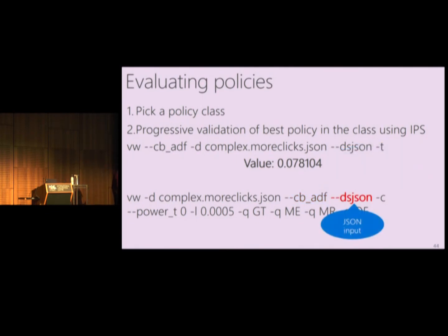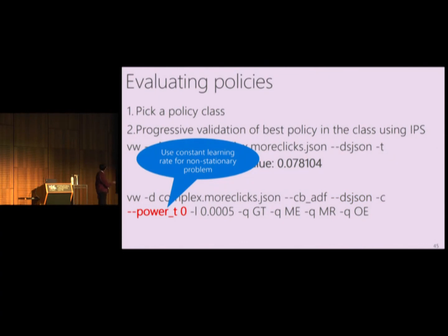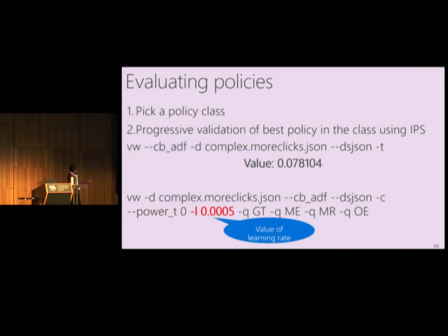This flag just says my data is in JSON format. This bit is interesting. Like I said, we worry about non-stationarity in the problems, and often that means we do not want to drive our step sizes in gradient descent to 0, and that's what this power T0 flag says. And this second flag says this is the actual value of the non-decaying step size that I want to use.